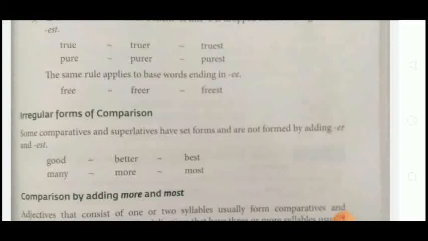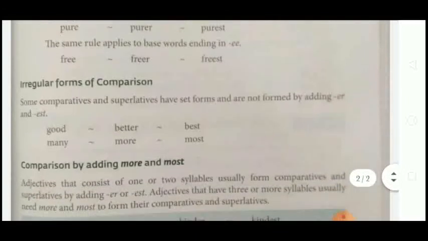For example, good, better, best; many, more, most. It will not be good, gooder, goodest, but good, better and best. This is called irregular forms of comparison.